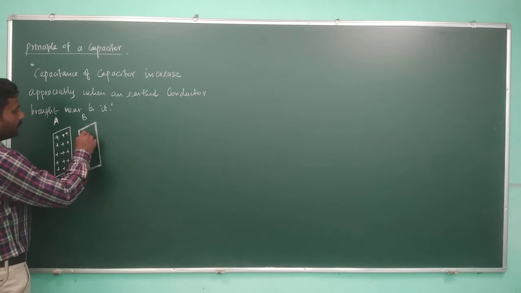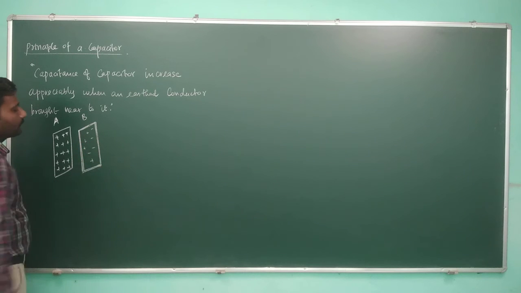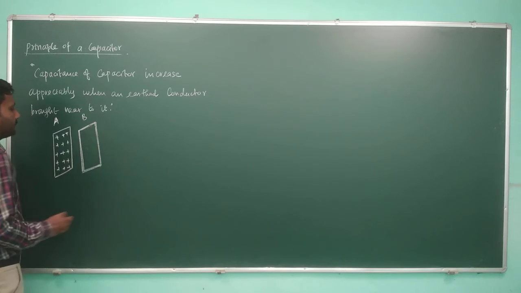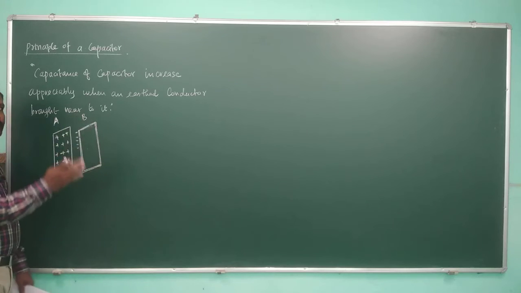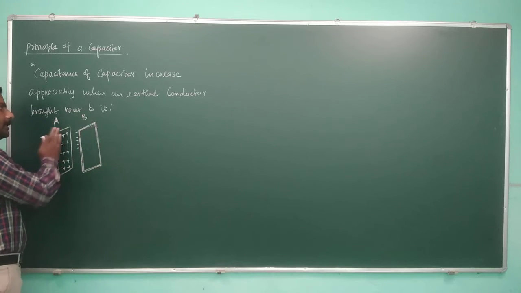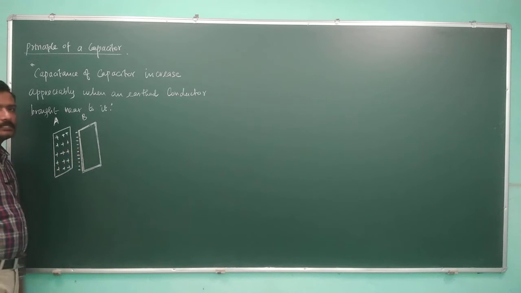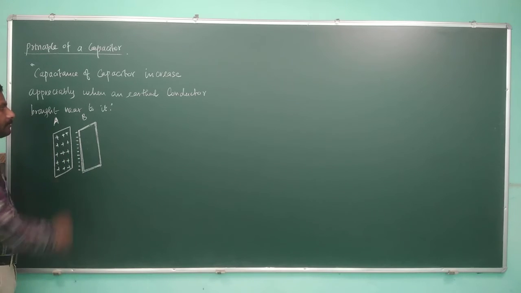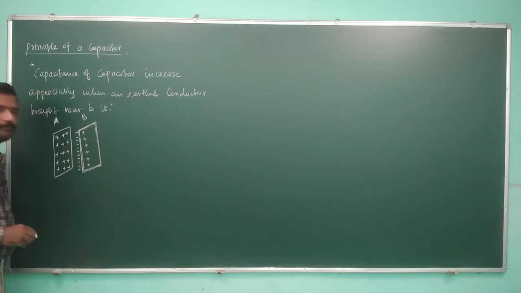What will happen? There are free charges here and there. All these charges will align in such a way that the face of plate B which is facing the plate A will have negative charges, while the face which is not facing plate A, the opposite side, will be positively charged.